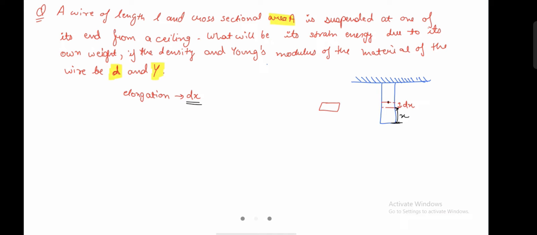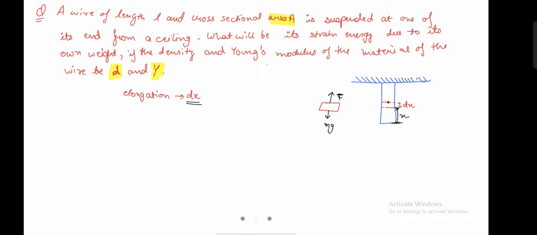So what all things will be acting? First of all, there will be an upward force also. Why? Because every action has an equal and opposite reaction. So there is a downward force, that is mg, so there will be a tension force upward also. So there will be a balance, or we could say upward forces are also acting. Let's say it as F. Because of that there is equilibrium, right? Because of that there is equilibrium.